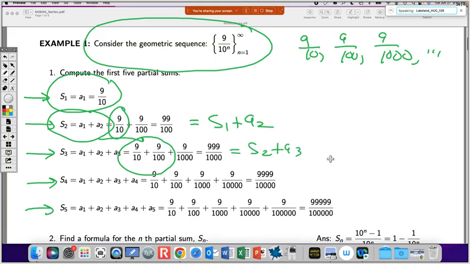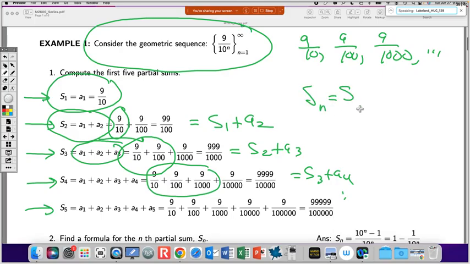You see what's happening here? S4 is A1 plus A2 plus A3 plus A4. Okay. So something that's worth noting is that S sub n is equal to S sub n minus 1 plus A sub n, or another way to think about it, which we'll talk about tomorrow.